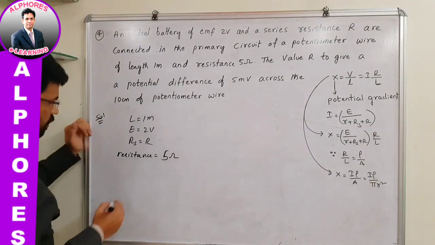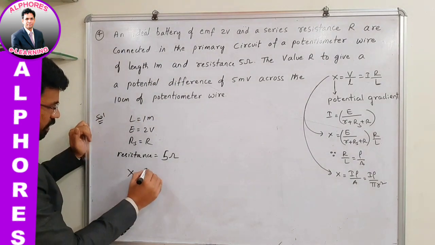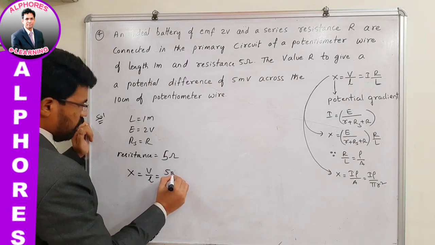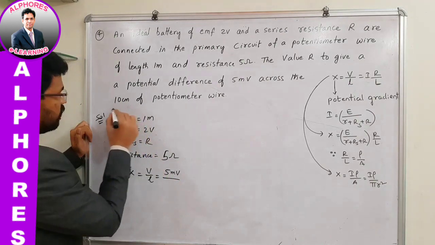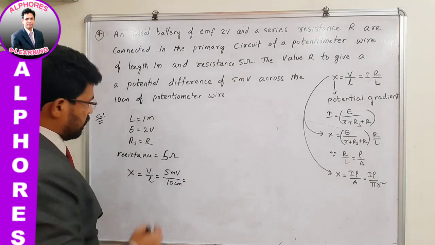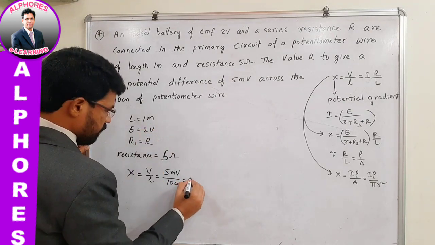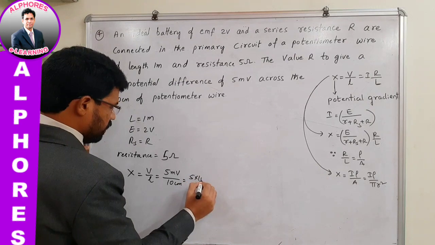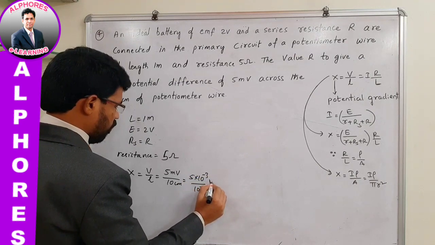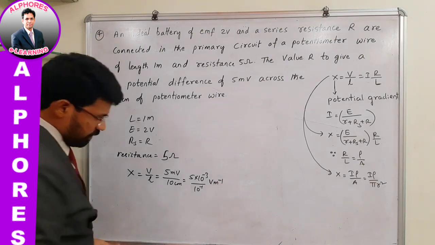Okay, so let us find out. Here potential gradient is given by V by small l. V is 5 millivolts, divided by the length, 10 centimeters. In terms of meters, it can be written as 5 into 10 power minus 3 by 10 power minus 1 volt per meter, isn't it?